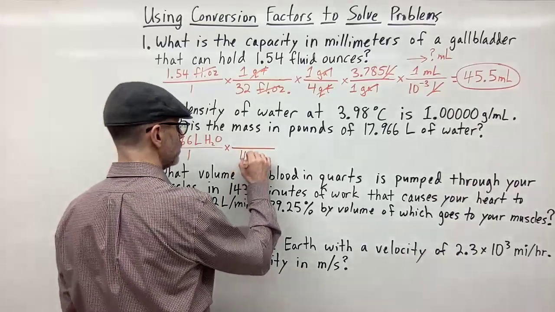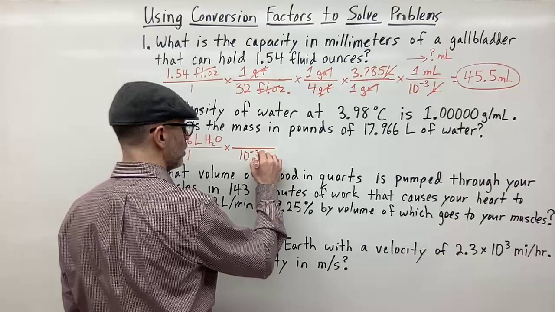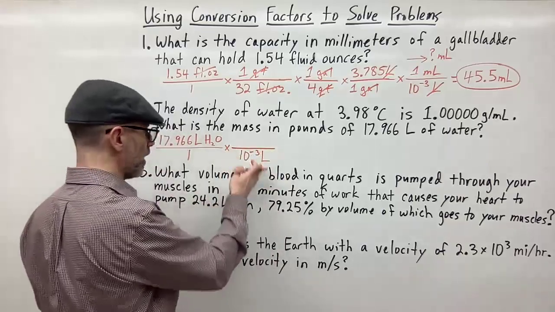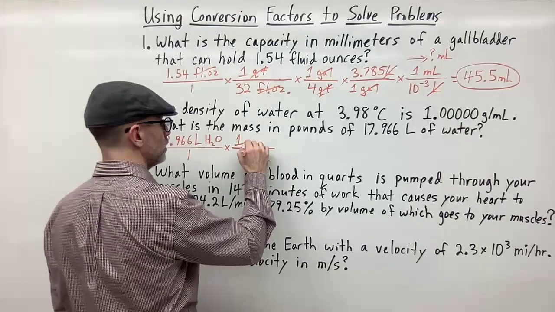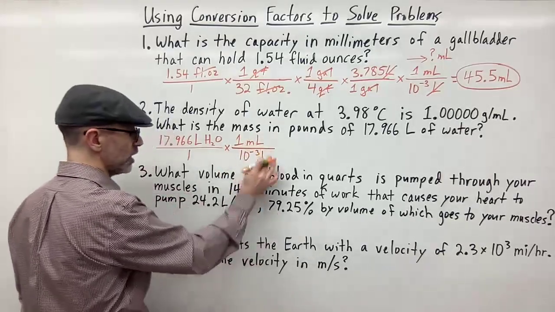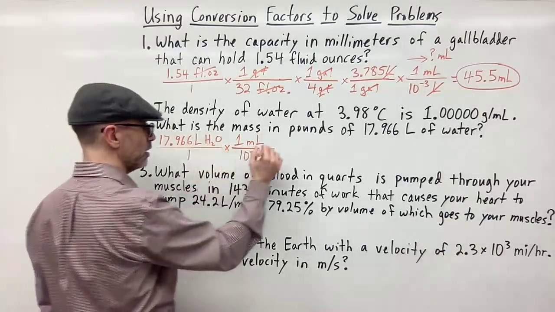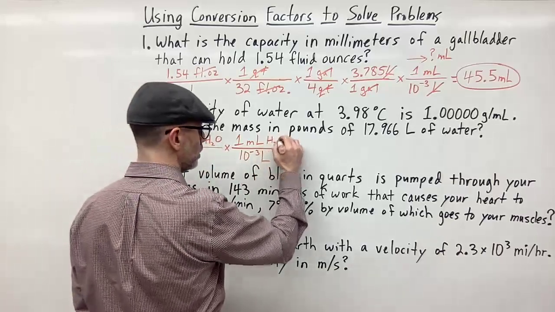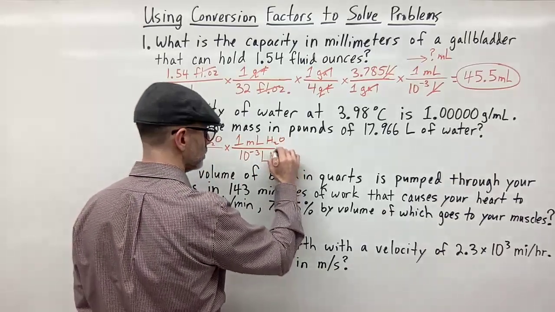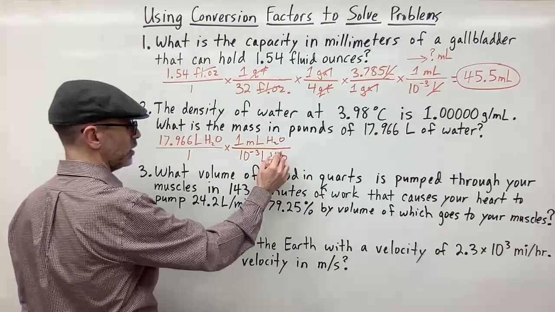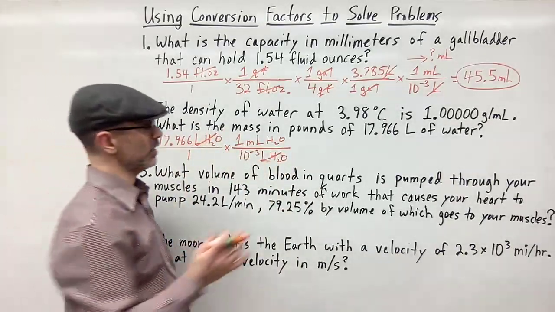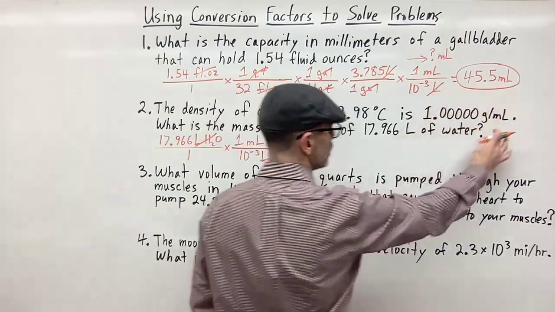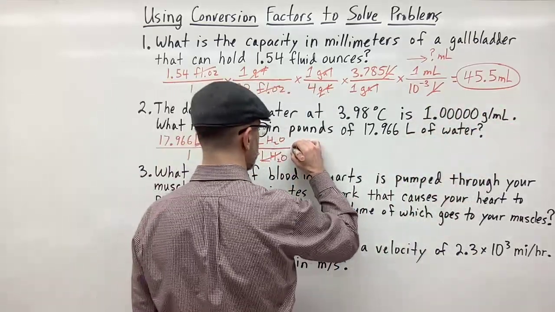So 10 to the negative third liters, or 1/1000th of a liter, is equal to 1 milliliter. So liters is on the bottom to cancel out with liters here. So liters of water cancel out. Now I have milliliters of water. Now I can use my density as a conversion factor.